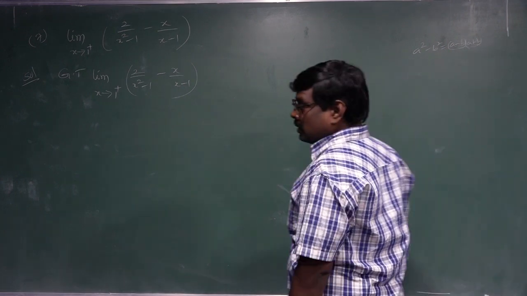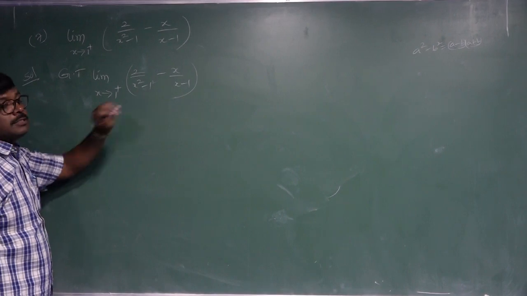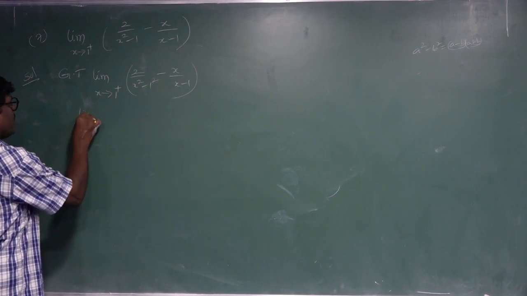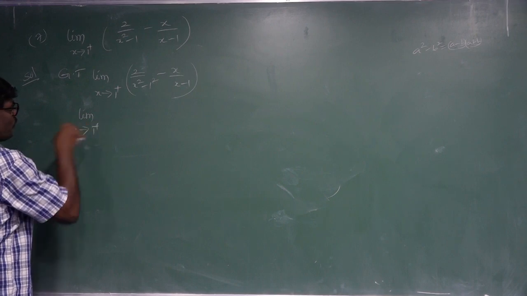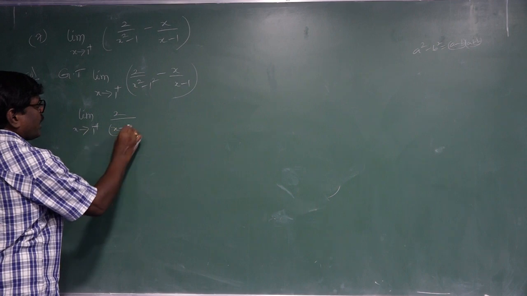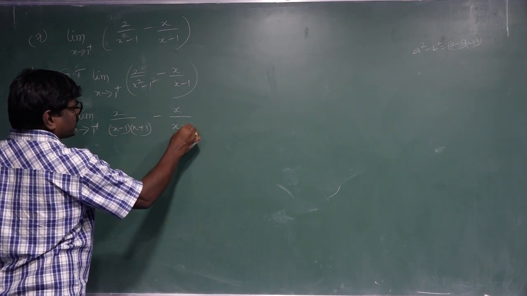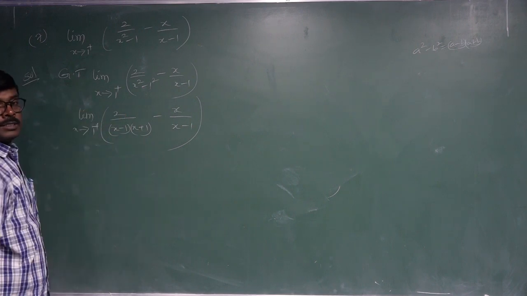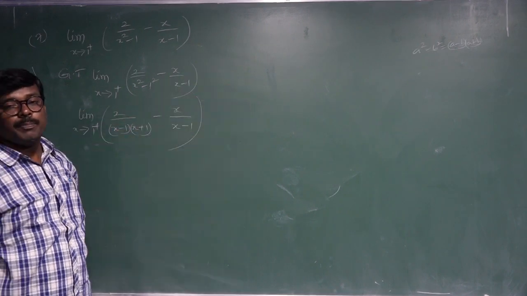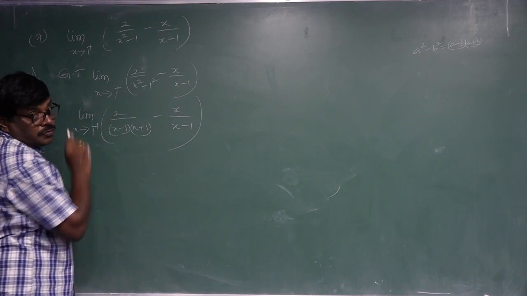So limit x tends to 1 plus 2 by x minus 1 into x plus 1 minus x by x minus 1. Any doubt on this? a square minus b square equal to a minus b into a plus b, where a is x, b equal to 1.